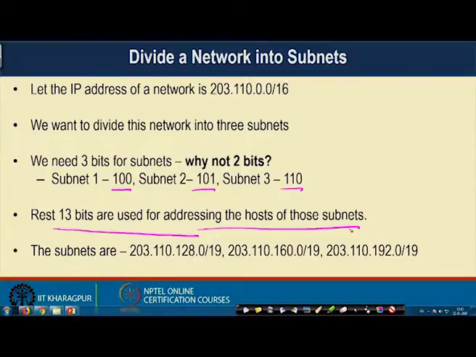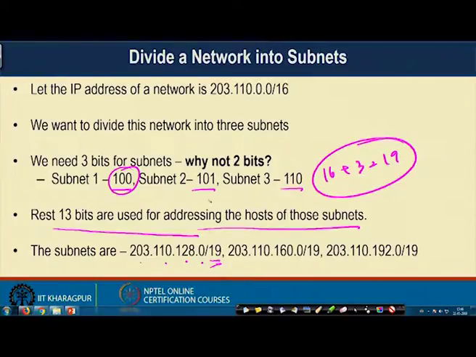So, in that case, if you are using 100 as the subnet IP, the subnet becomes 203.110.128.0/19. That is the subnet mask, because we are taking 3 bits from the host address to denote the subnet. So, the subnet mask becomes 16 plus 3, that is equal to 19.